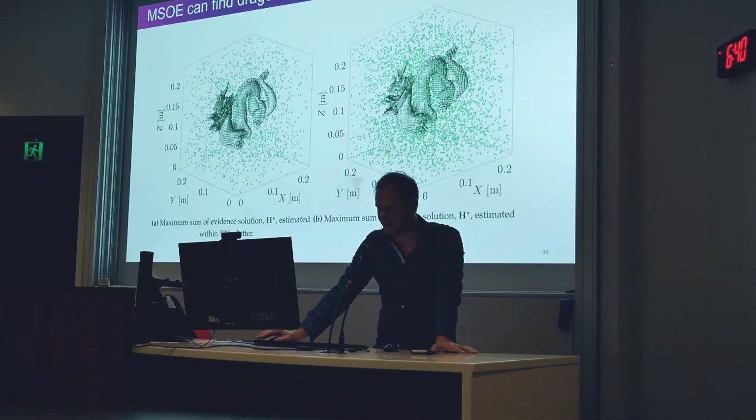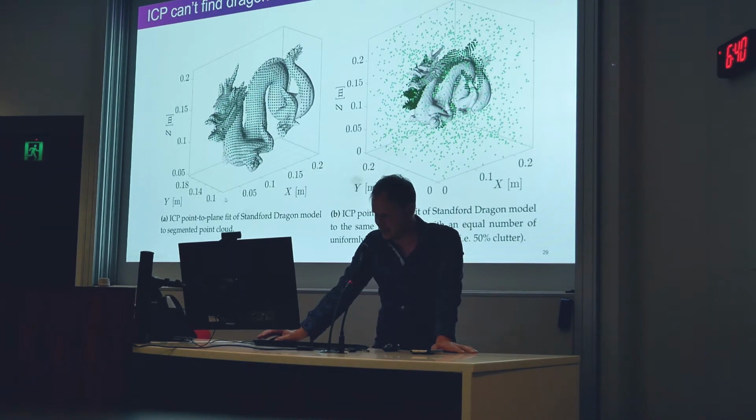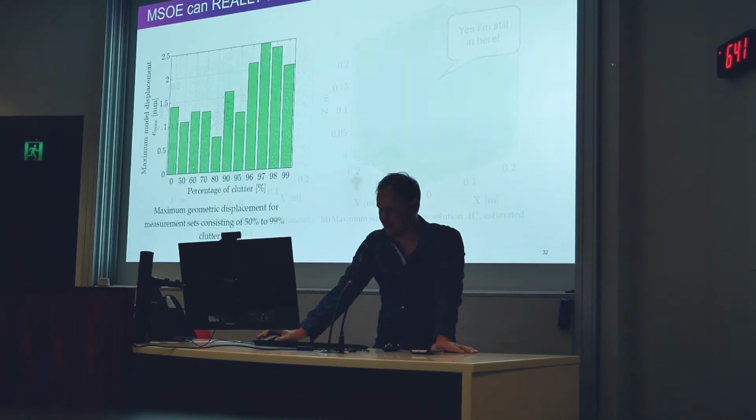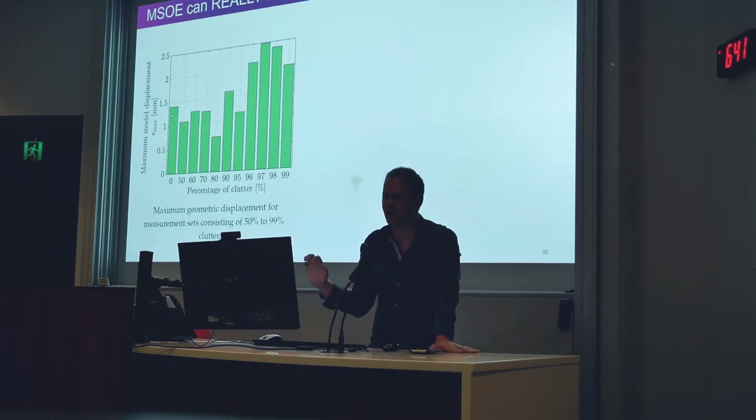But if we go back and have a look at the size of this dragon, how long is he? He's about 200 mil long and maybe 100 mil wide and 15 centimeters tall. Here is the error. Once I've put the dragon where I think it is, this is how many millimeters of error any part of that dragon has.